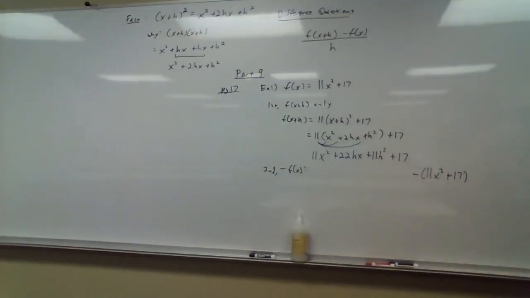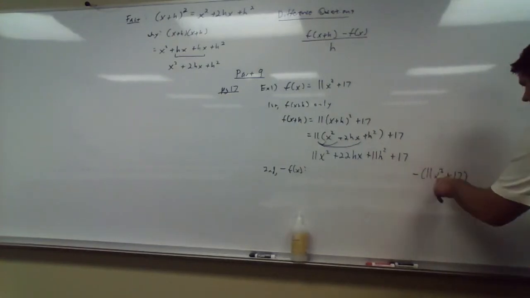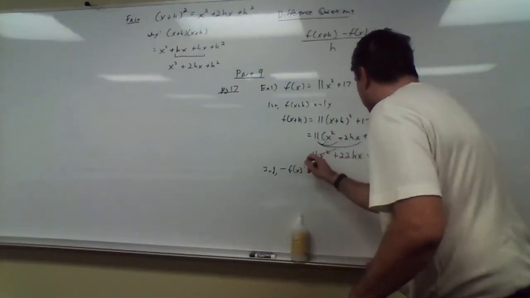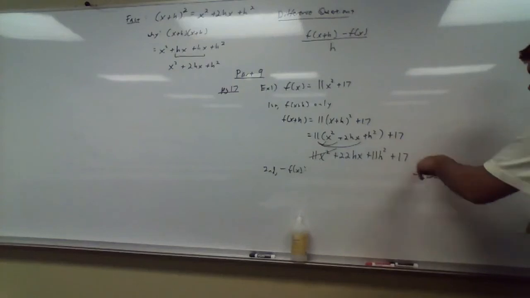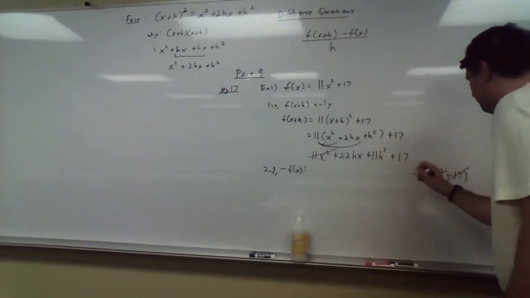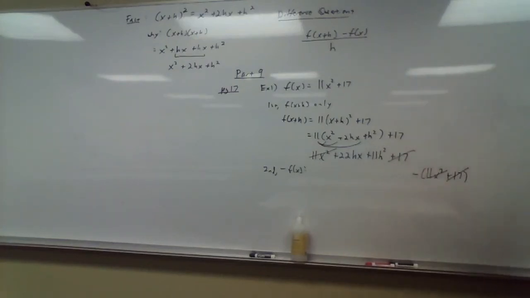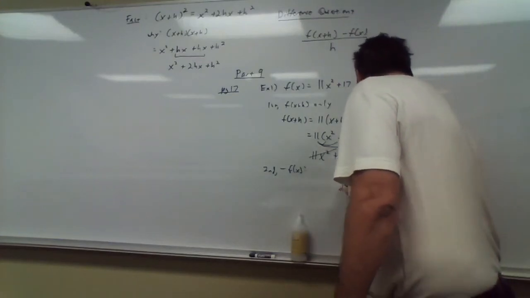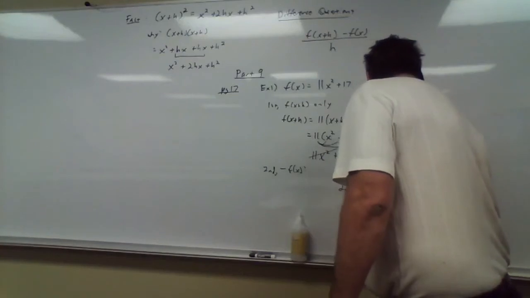Now what you will find is that the terms of the original f of x will cancel against their counterparts. 11x squared is being subtracted from another 11x squared. So those will cancel. This 17 is being subtracted from another 17. That will cancel. So the only surviving terms will be 22hx plus 11h squared.